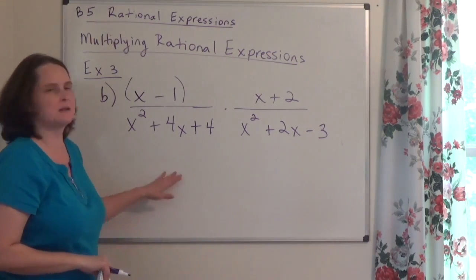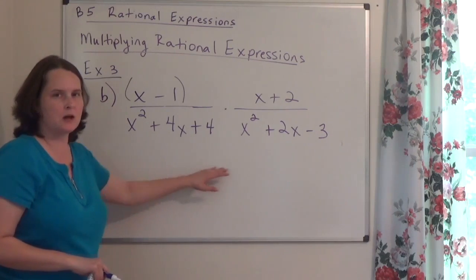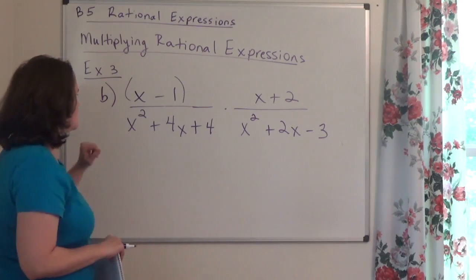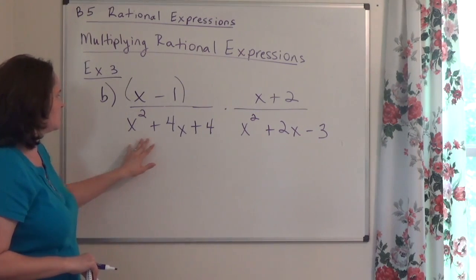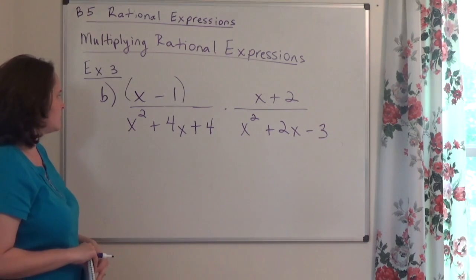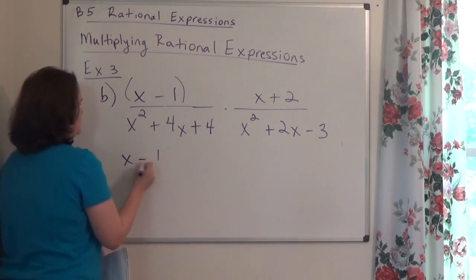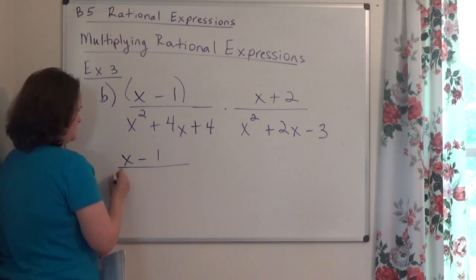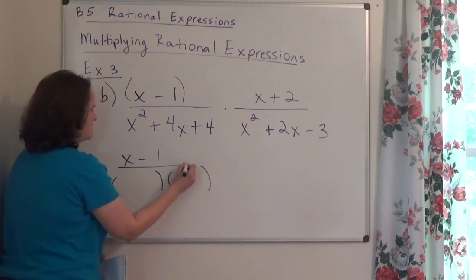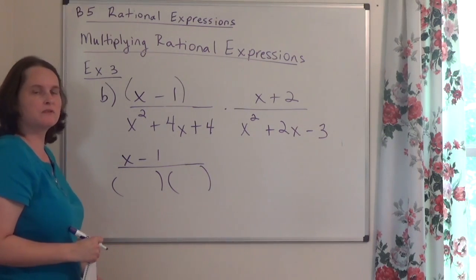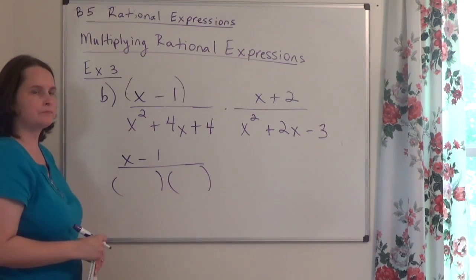And then maybe in the denominator, after we've factored these trinomials, we'll have an x minus 1 show up. In this denominator, x squared plus 4x plus 4, see if you can factor that. As a matter of fact, pause the video here, go ahead and factor these and see if you can find anything that you can reduce.